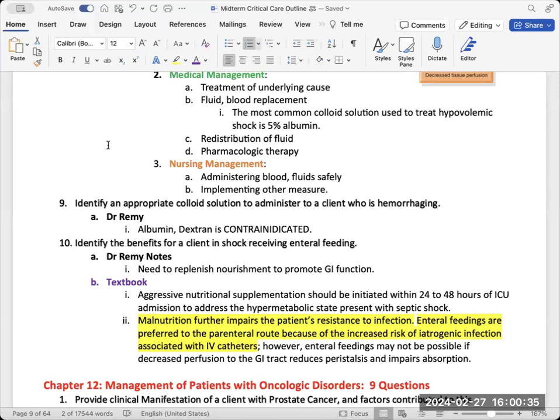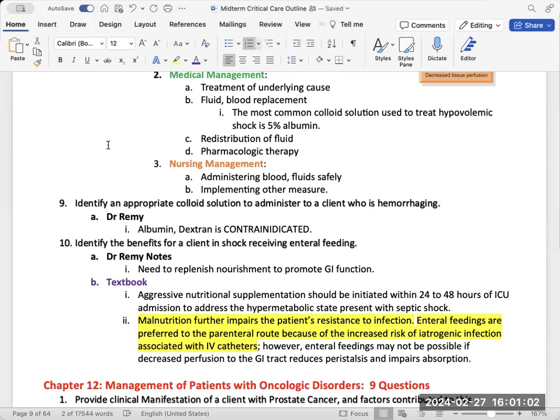I just kept seeing it in the textbook, so I knew if I had to pick an answer, I'd pick modified because it kept saying that's the preferred position for someone who has hypovolemic shock. But I appreciate the clarity on that because now I actually know what I'm talking about. So now we understand modified Trendelenburg, and that's why we give it for hypovolemic shock.